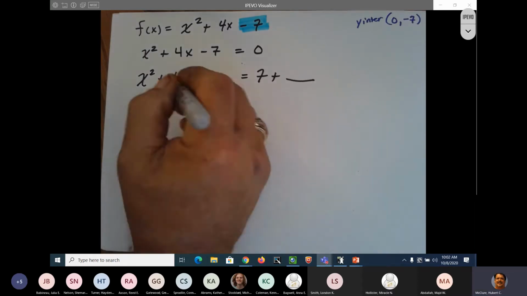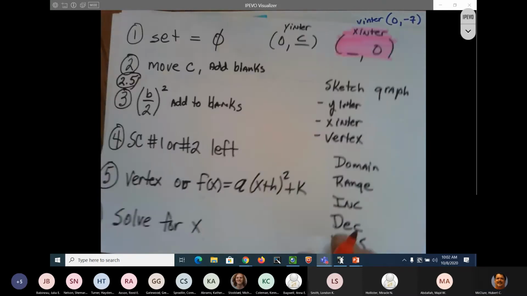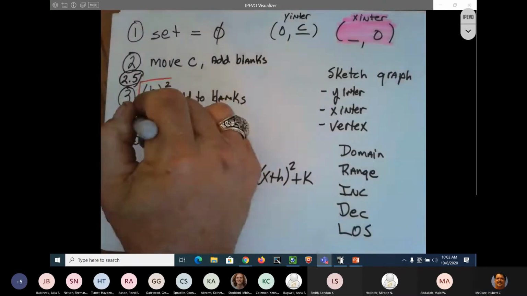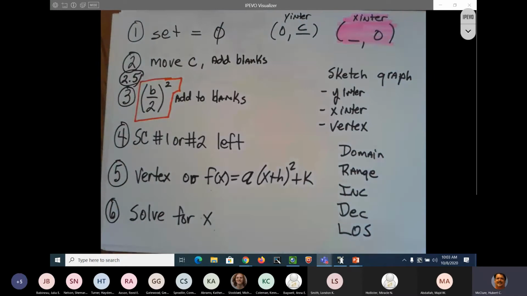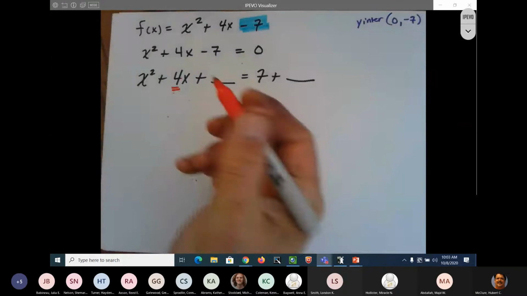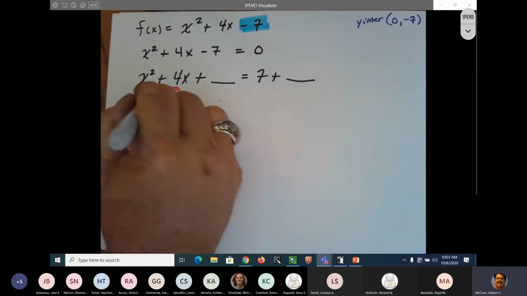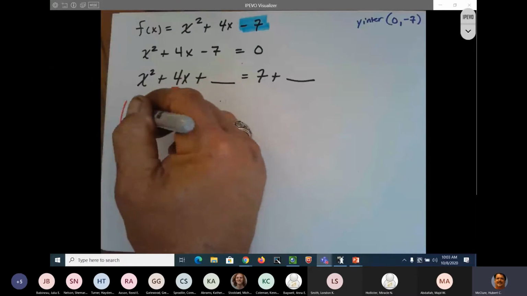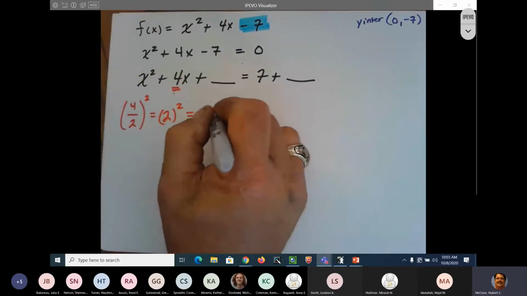I'm going to take B right here. B divided by 2 and square it. 4 divided by 2 and square it. 4 divided by 2 is 2. 2 squared is 4.